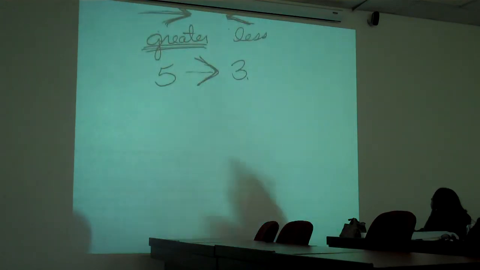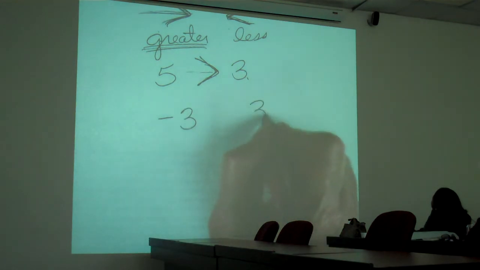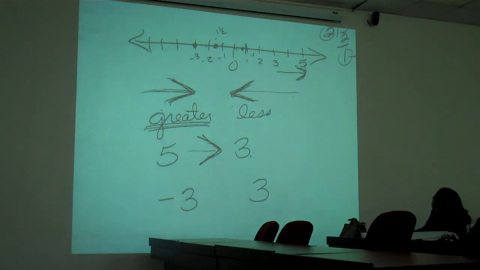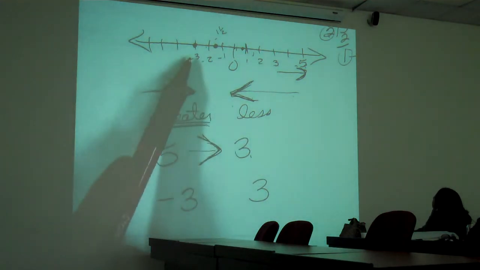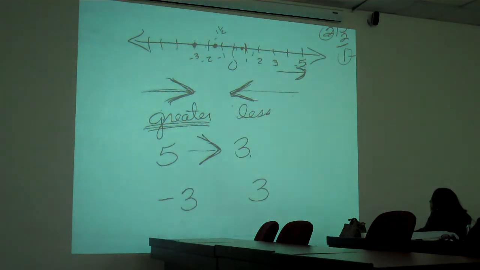So how about the number -3 and a +3? The -3 on the number line is over here, +3 is here. So -3 is that direction. So if you made it into an arrow, it's less than like that.